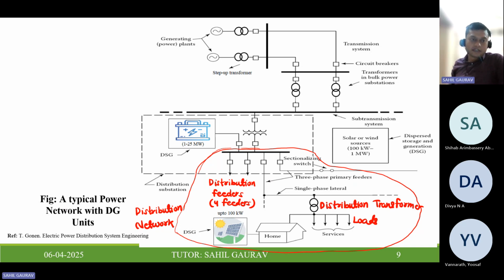So you can see these DG units with our grid. So we have storage system at the substation, while this our DSG, that we call the dispersed storage generations, are available at this distribution network.